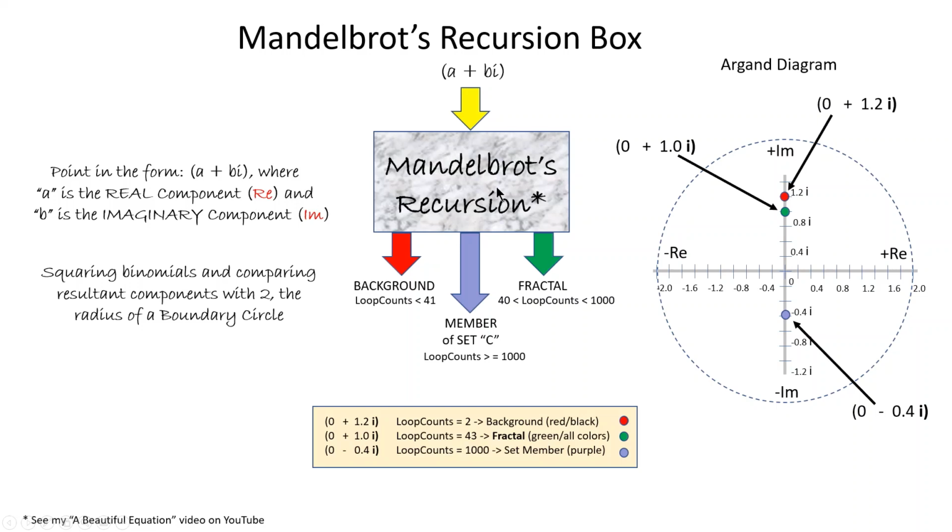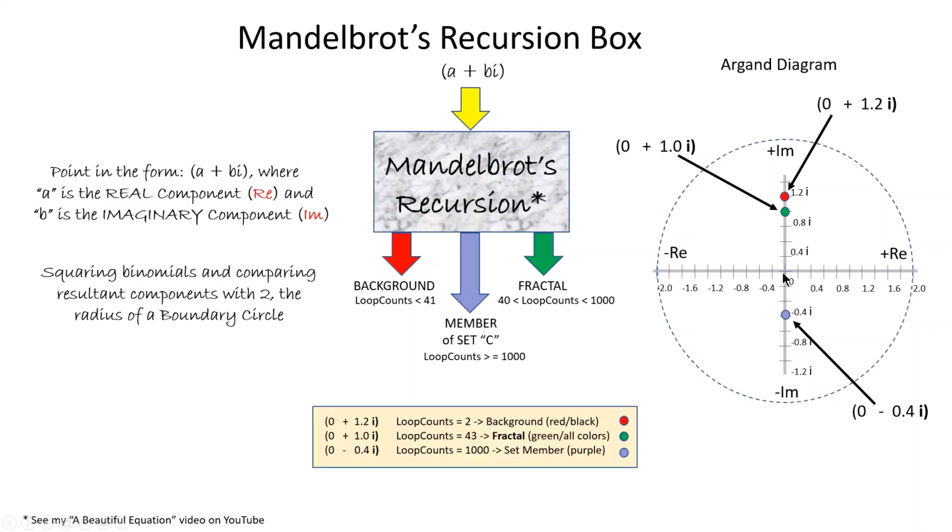So let's take an example. This is a point. Notice we got 0 plus 1i. Well, there's 0 real, plus 1i. It's right there. So that's 1 point. There's another point, 0 plus 1.2i is right there. And this point is 0. That's where the real number comes.